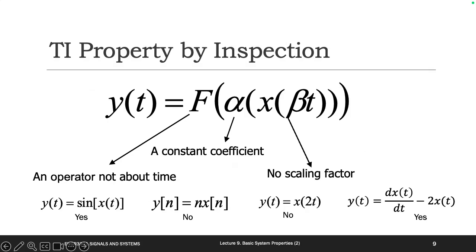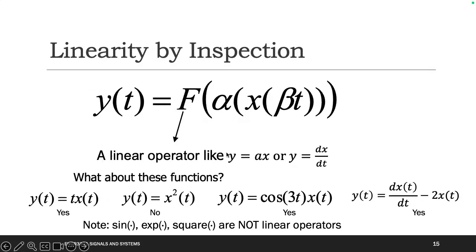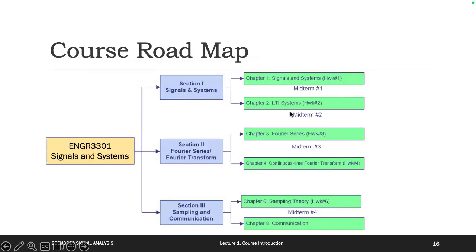But for linearity, you focus on the signal. If your signal changes in a nonlinear or improper way, your system is nonlinear. Does that make sense to you? Okay, these are all the properties we talked about.